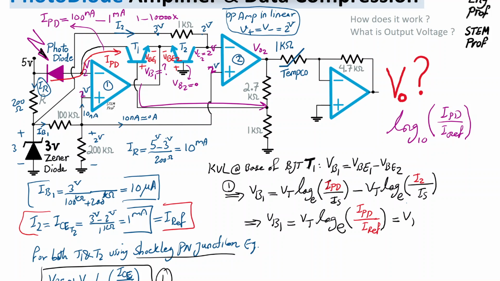So Vt log base E, let me write it in a cleaner fashion, and let's name this equation 0. I'm going to use equation 0 here, and it becomes just IPD, the current of the avalanche photodiode, divided by I reference, which is 1 milliamp. Great.